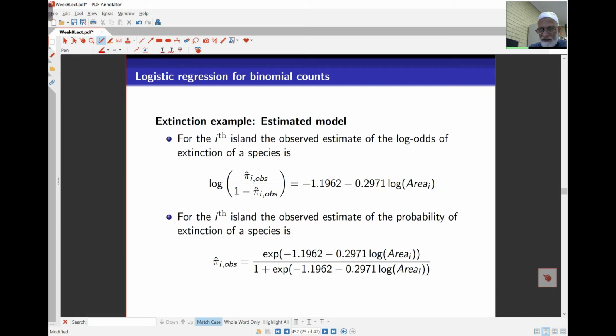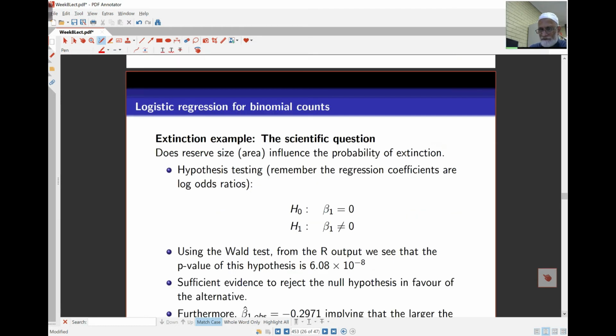I can from there estimate the probability of extinction of a species on an island by reversing the equation, and we've seen that before, so it's exponential of the right hand side over 1 plus exponential of the right hand side. So I can estimate here the probabilities of extinction for each island.